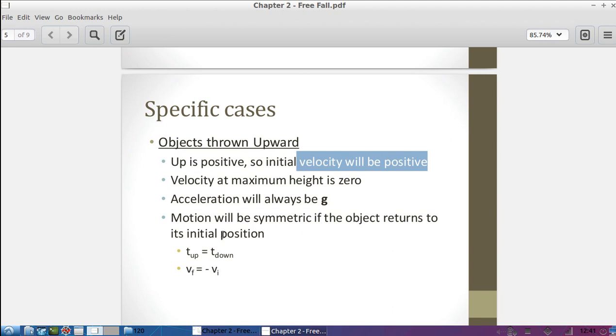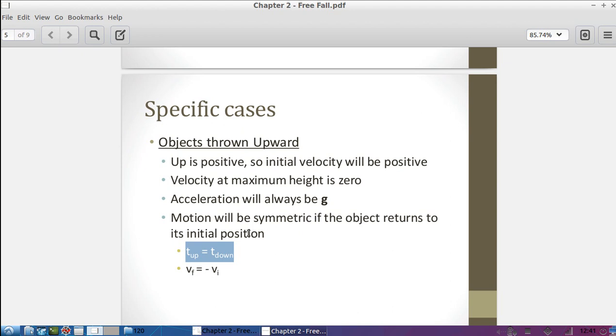The time it takes for the object to get to its max height is the time it takes for the object to come back down to the ground. So that's an important property. Again, this is only if the object returns to its initial position, so this won't always be the case, but it is very useful for these types of problems.